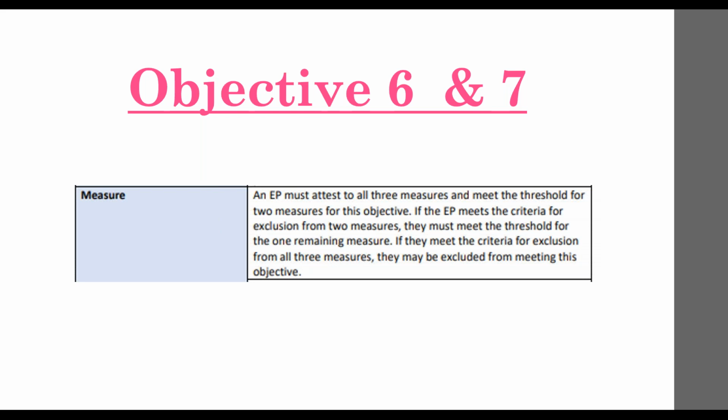If the EP meets the criteria for exclusion from 2 measures, they must meet the threshold for 1 remaining measure. If they meet the criteria for exclusion from all 3 measures, they may be excluded from meeting this objective. The wording was slightly different in program year 2018, so hopefully this clarification adds more flexibility for meeting these objectives.